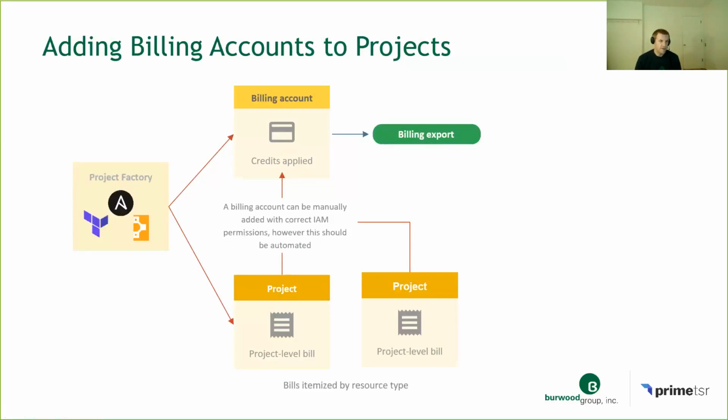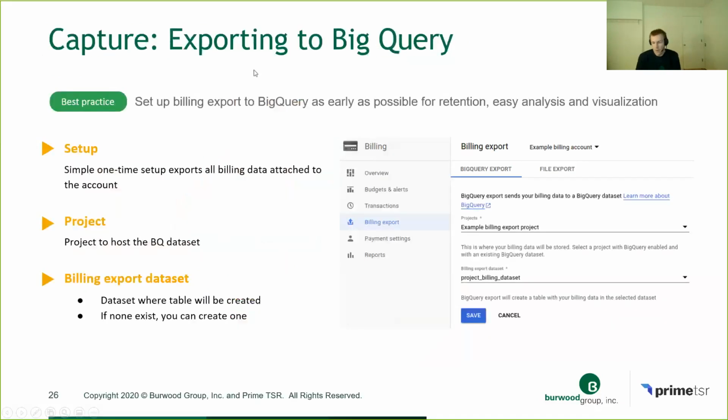Some best practices around billing are to use the project factory, but also to export to BigQuery as well. BigQuery is Google's large managed service for big data workloads like SQL structured data. It's incredibly easy to use and to hit the ground running with.